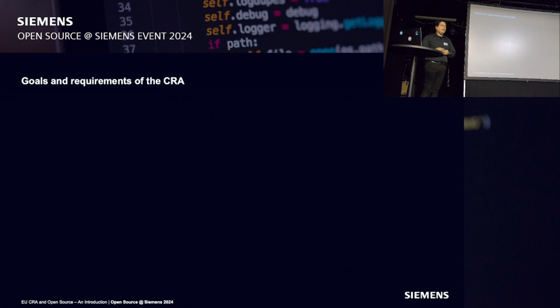So, the cybersecurity regulation landscape at the moment is quite complex. There is not only the Cyber Resilience Act, there is the NIS2 directive that is impacting most of the industrial sector, and other regulations like the Radio Equipment Directive Delegated Act, the Artificial Intelligence Act, plus some other regulations that are not really cybersecurity, but have some cybersecurity aspect in them. The Cyber Resilience Act is a very, very important regulation.